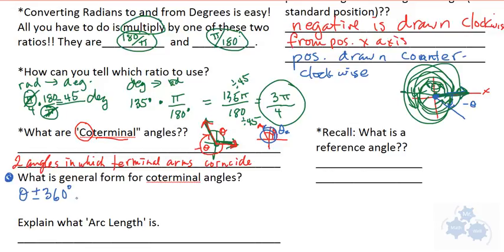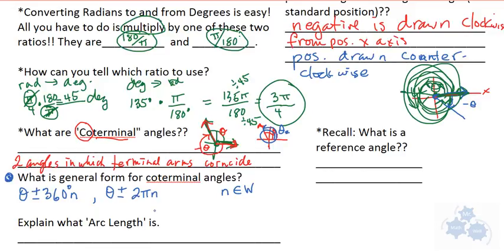And any full rotation times any number of full rotations, where n would be whole numbers, I guess. In radians, plus or minus 2 pi times n. So that's quickly how you could find another coterminal angle.